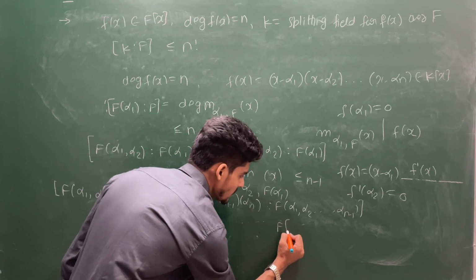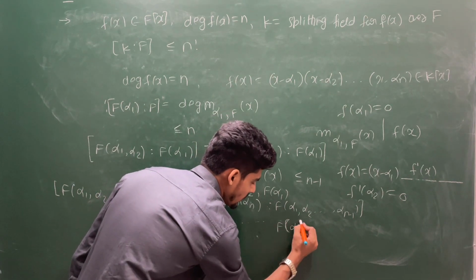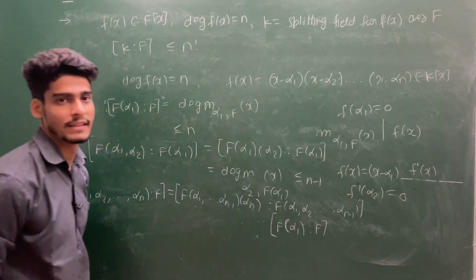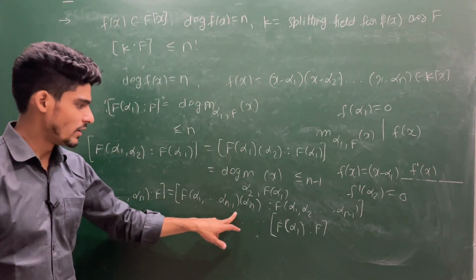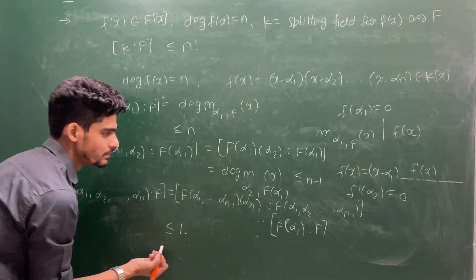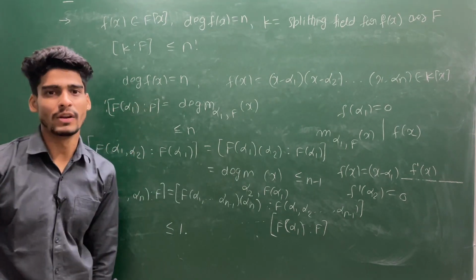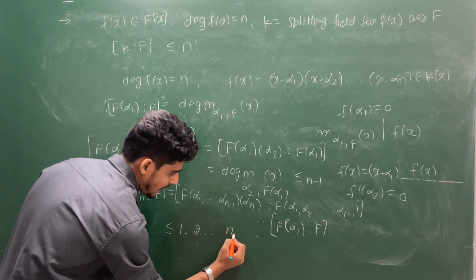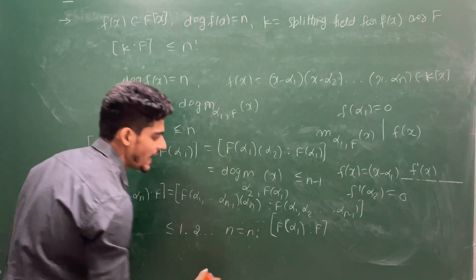You will have a situation like F(alpha 1) over F. This first extension can have degree at most n, and the last polynomial will be of degree 1, then degree 2, then up to n, which is exactly n factorial.